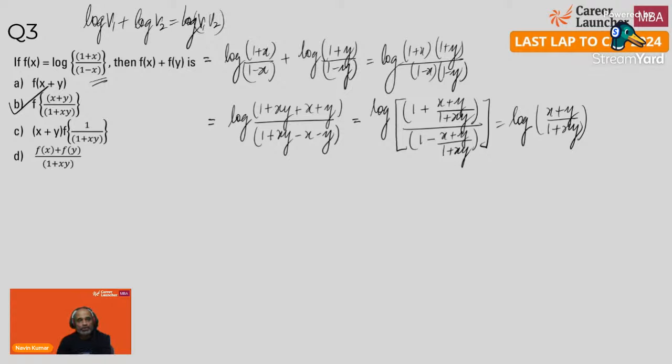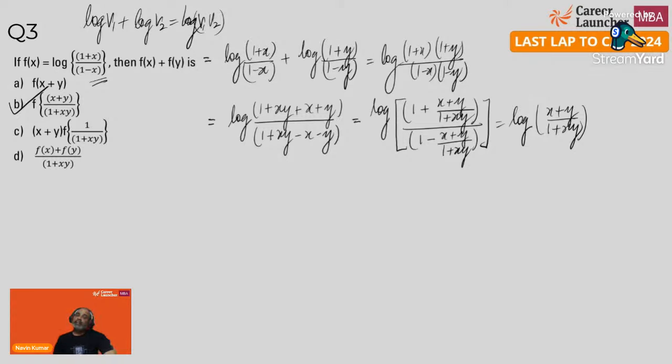Smarter approach would be to take a certain value of x, right? Now the problem over here is, if I take x equal to 1, I'll have the denominator as 0. If I take x as negative, let's say minus 1, then log of 0 is not defined.